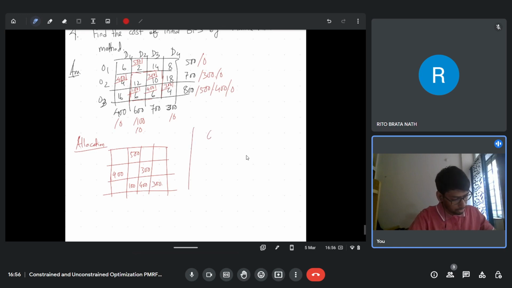And now the cost you can calculate. So this is 2 times 500 plus 4 times 400, 10 times 300, 6 times 100, plus 6 times 400, plus 4 times 300.